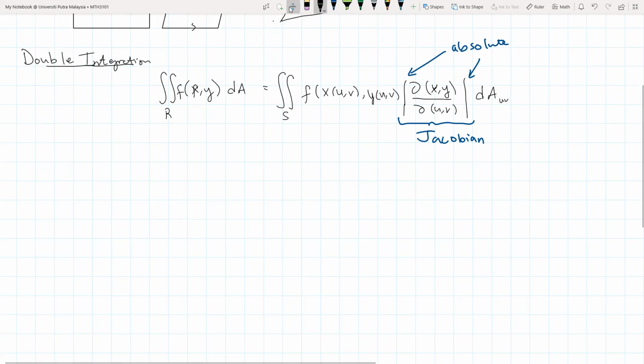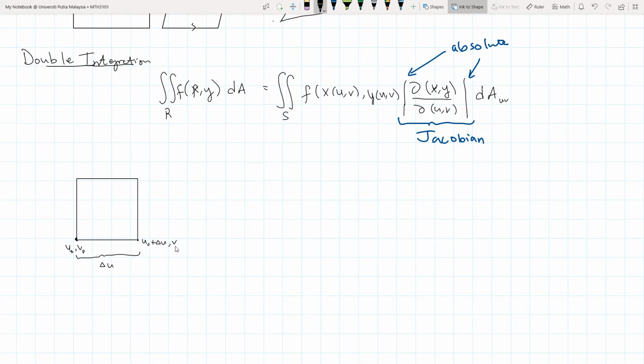Okay, let's say I have this space, in space u and v. And then the point here is U0 and V0. And the point here is a change in U. So this is U0 plus delta U and then V0.